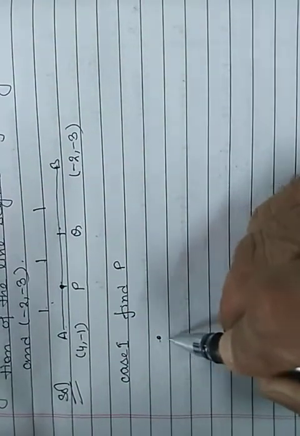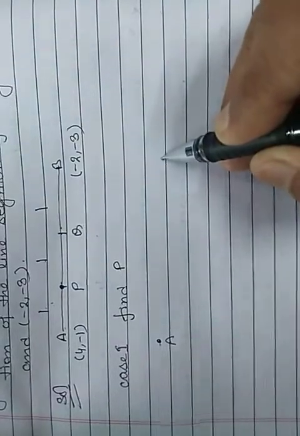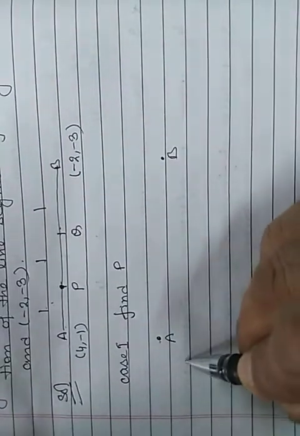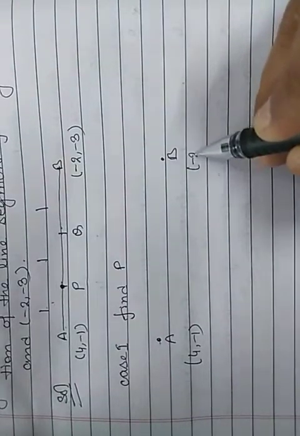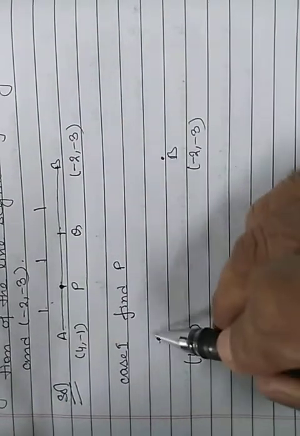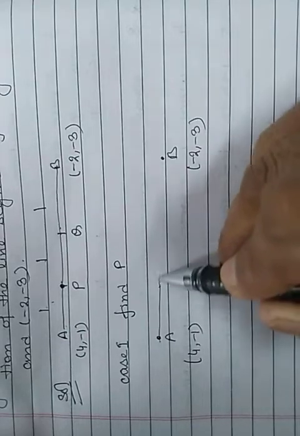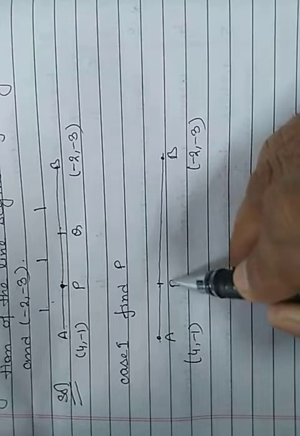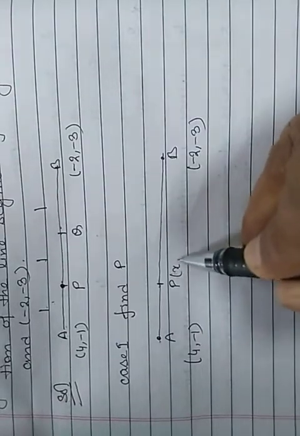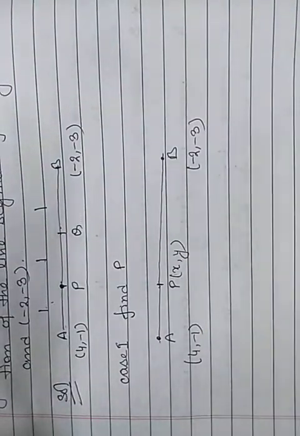I will redraw the diagram. This is A. This is B. Coordinate of A is 4 and minus 1. Coordinate of B is minus 2 and minus 3. This is the line joining AB, and we have to find this point P. Let the coordinates here be x and y.